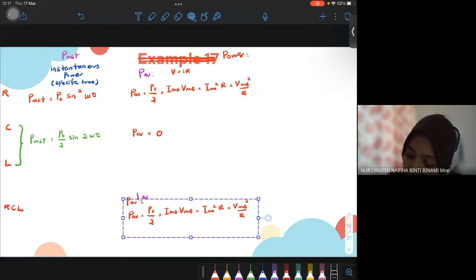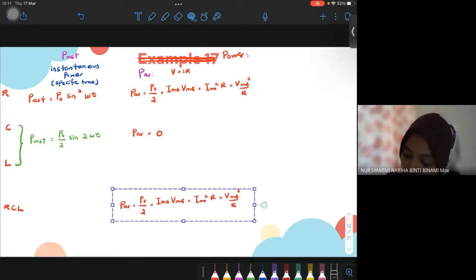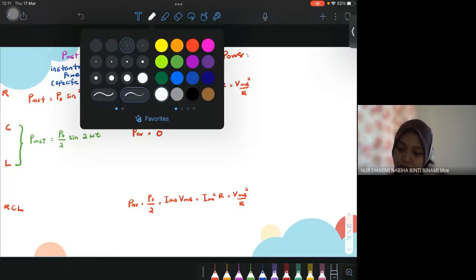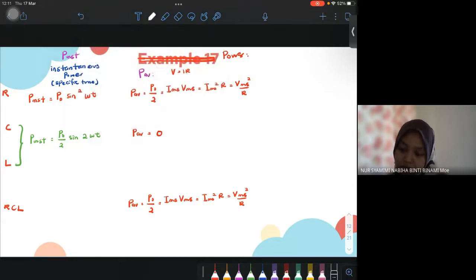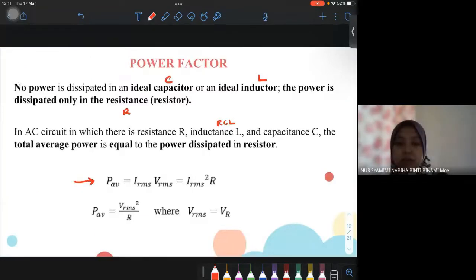Why? Because heat is only dissipated in the resistor, even though there are R, C and L, since heat is not lost in the capacitor and inductor.